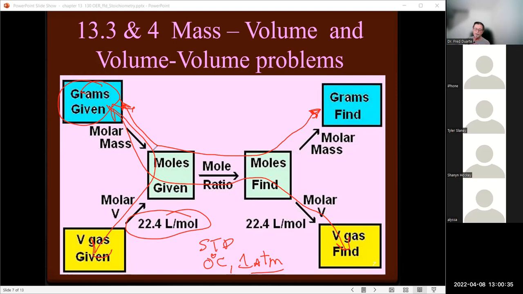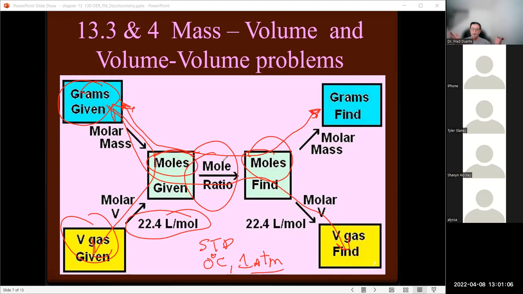Whatever the direction, you can go in both directions here. Remember, you have to go through moles, okay, and the mole ratio of the chemical reaction. So you've got to convert the grams or the volume that's given to you to moles. And then from the moles given, from the mole ratio, you can go to moles of whatever you're looking for.